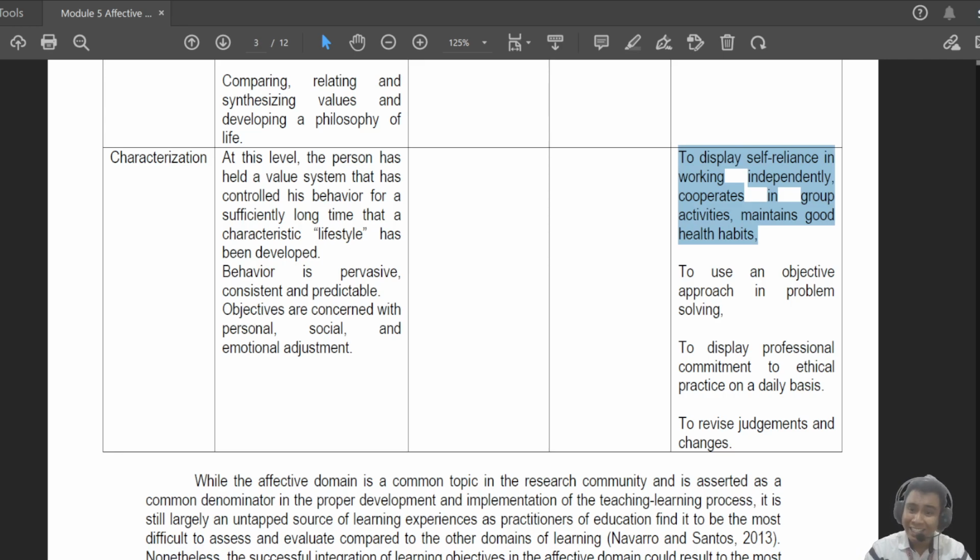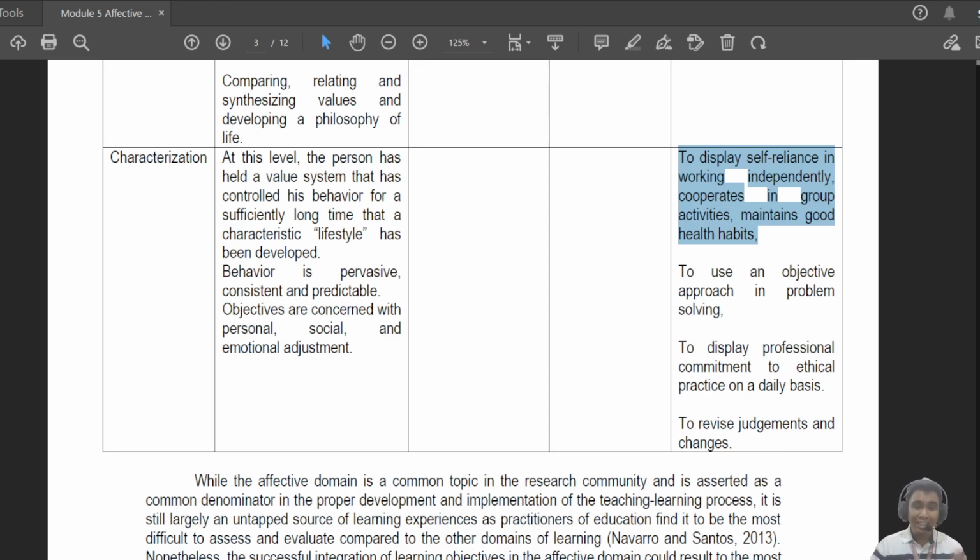What's important to understand here is that characterization talks about consistent behavior. Okay? Hindi mo lang siya makikita in one instance, pero makikita mo in the everyday lives of the learners. So, ang mga objectives under characterization, matagal po yang ina-assess. So, hindi ka pwedeng maglagay ng characterization na objective kung ang lesson mo ay isang week lang.